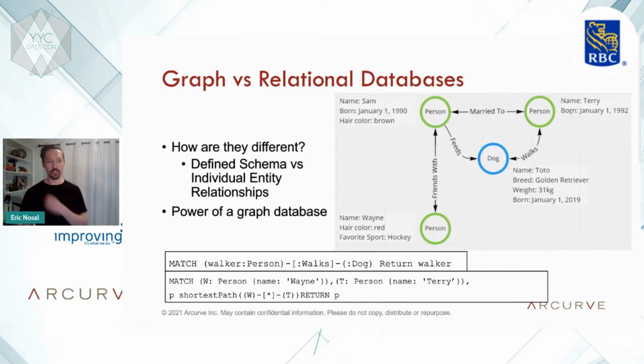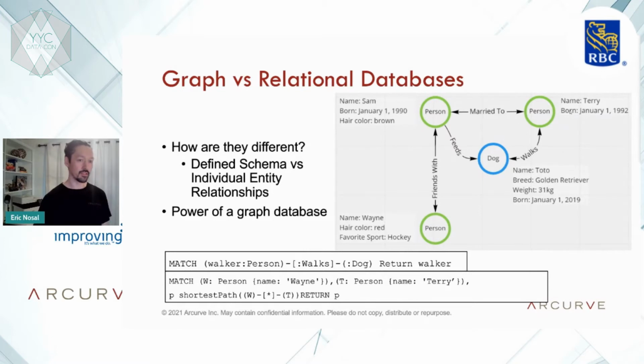That's a relatively straightforward query. It would work just as well in a relational database. But where we can demonstrate more power of the graph database is to ask a more complex question: how does Wayne know Terry? In a traditional relational database, this might be possible, but chances are that type of relation hasn't been set up.